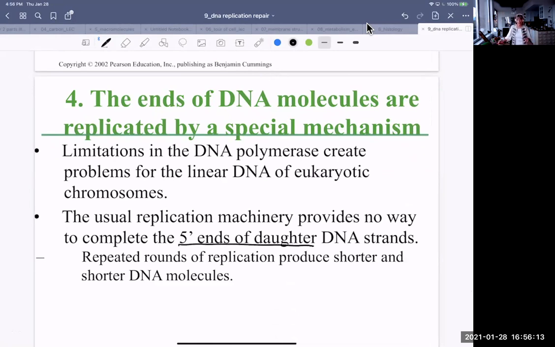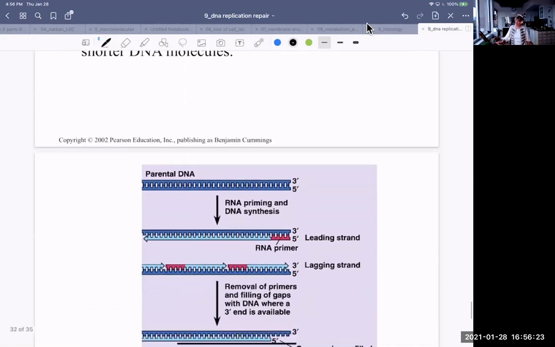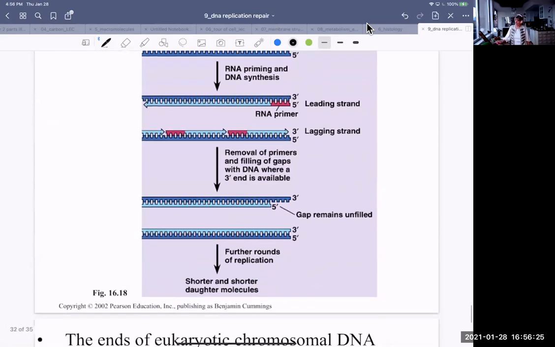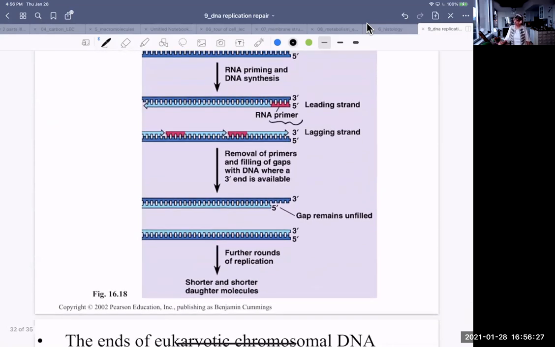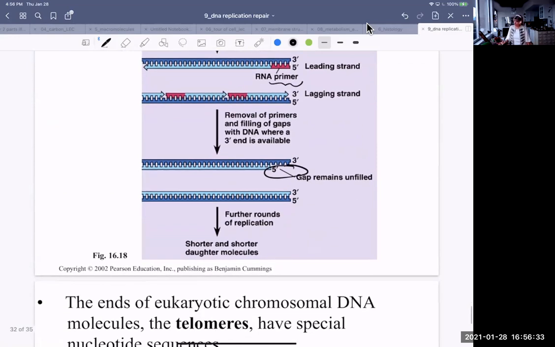If you didn't correct for that, your DNA would erode. Every new strand would have a few less nucleotides. So there's your primer. You've taken it out. You'd get shorter and shorter molecules if that were the case.